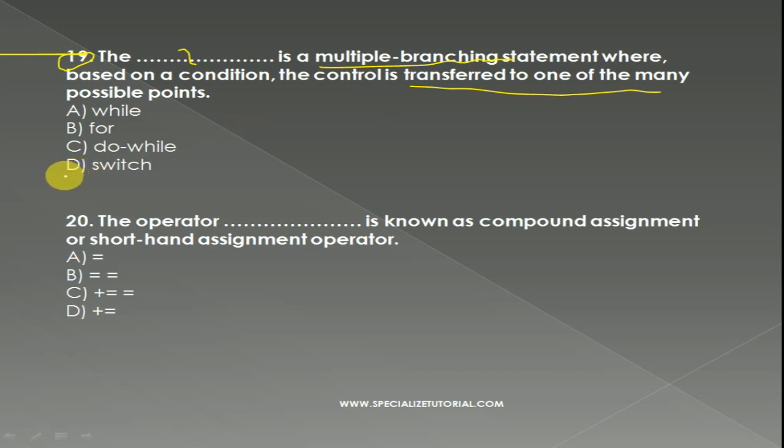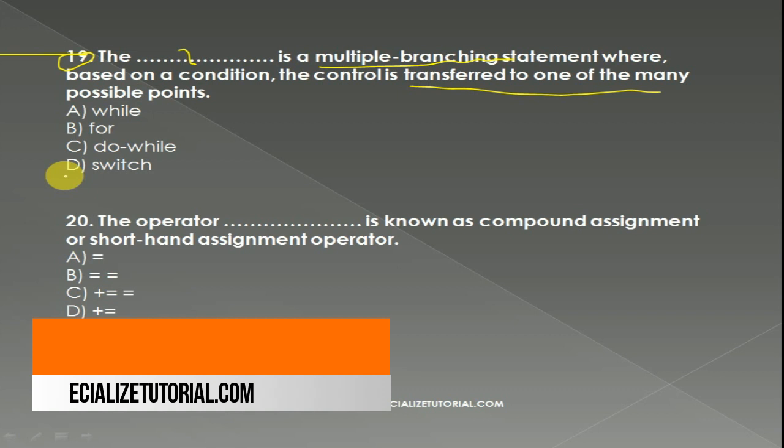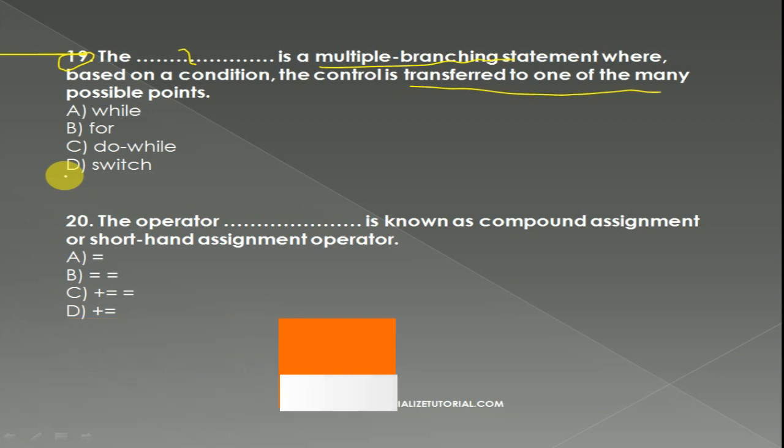This is basically the switch type: if the case matches, go to that particular case, otherwise go to the other case, and display the specific result. So D, switch. The switch is the multi-branching statement where based on the condition the control is transferred to one of many possible points. So D is the right answer.